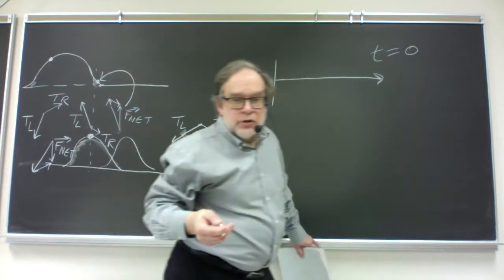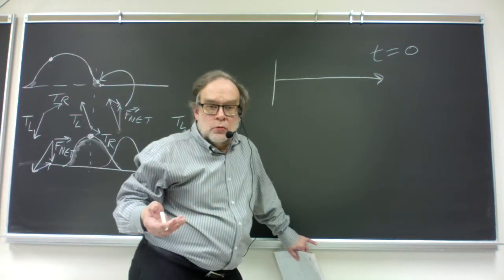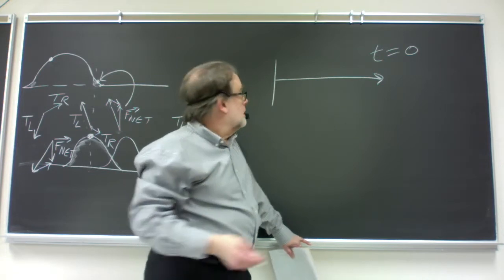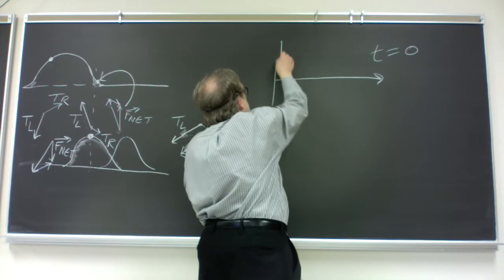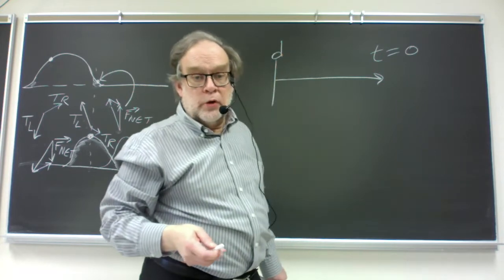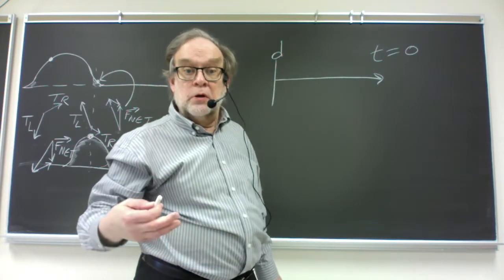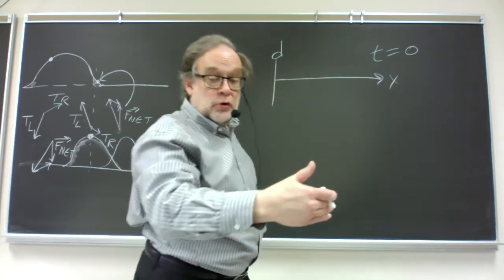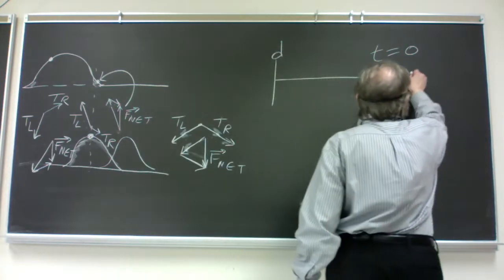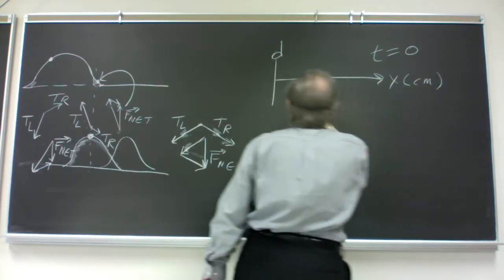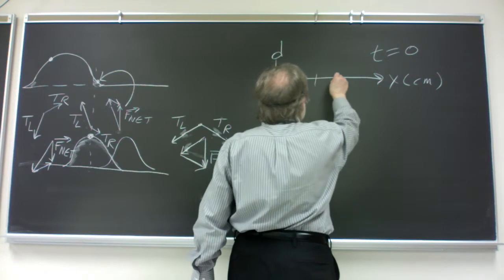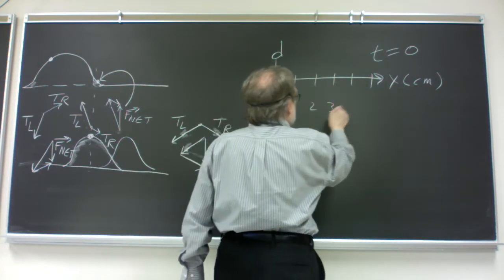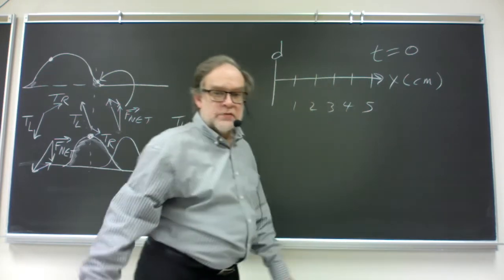And since the snapshot shows you what different bits of mass at different locations are doing, this will be a graph of actual displacement away from equilibrium as a function of location. And we'll mark off the location in centimeters here. So 1 to 5 centimeters.